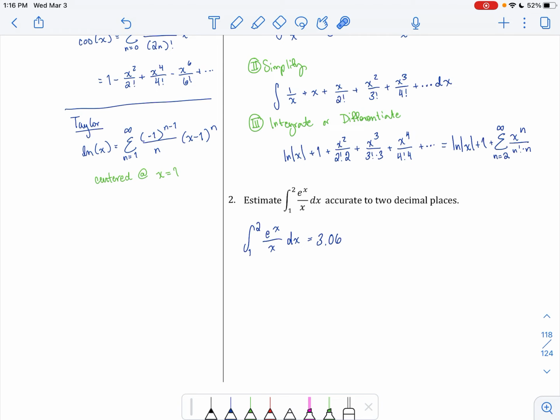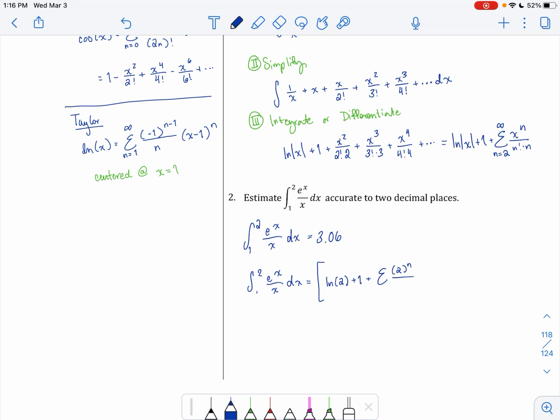So since we know that this is the integral, we also know that the integral here from 1 to 2 of e to the x over x dx is equal to ln of 2 plus 1 plus the series 2 to the n over n factorial n, n equals 2 to infinity, minus ln of 1 plus 1 plus the series n equals 2 to infinity of 1 to the n over n factorial n.